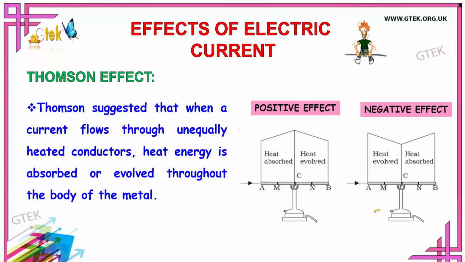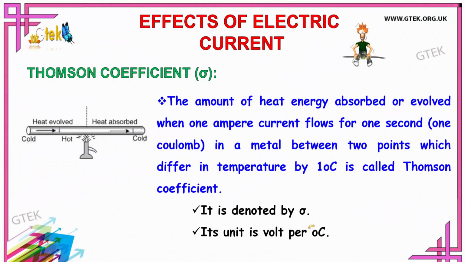Thomson also suggested that when a current flows through an unequally heated conductor, heat energy is absorbed or evolved throughout the body of the metal. This may be a positive effect as well as a negative effect. When heat is absorbed and then evolved, it means a positive effect. When heat is evolved and then absorbed, it means a negative effect.